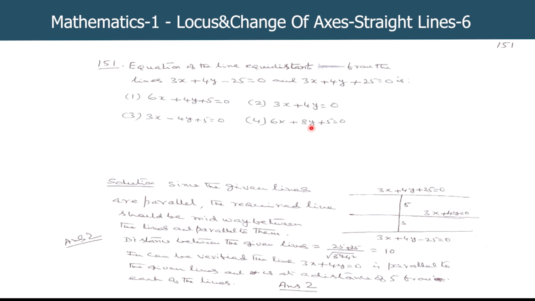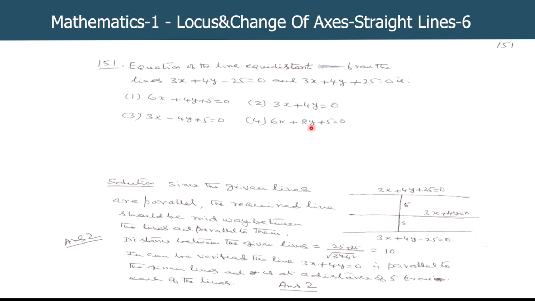Now, you can see that the two given lines are parallel lines, and the distance between them is (25 plus 25) by square root of 3 square plus 4 square. That means 50 by 5, which is 10. So the distance between those two parallel lines is 10.